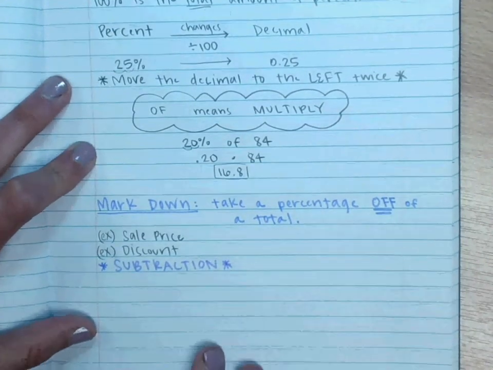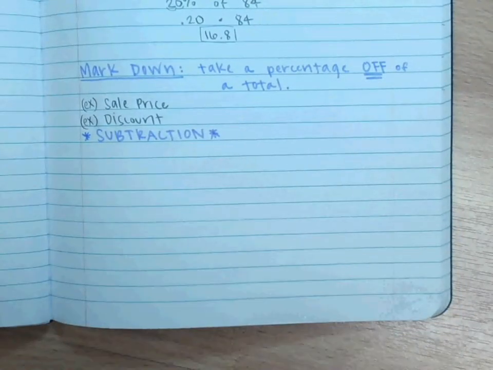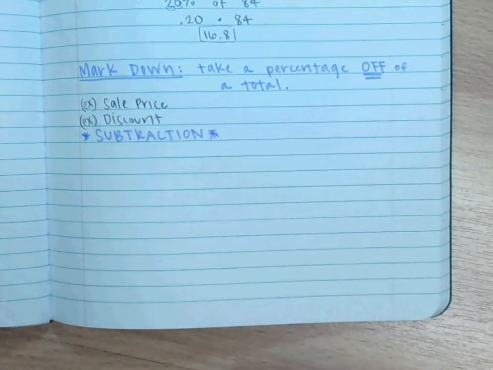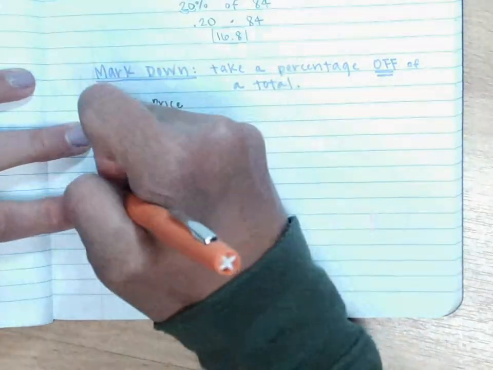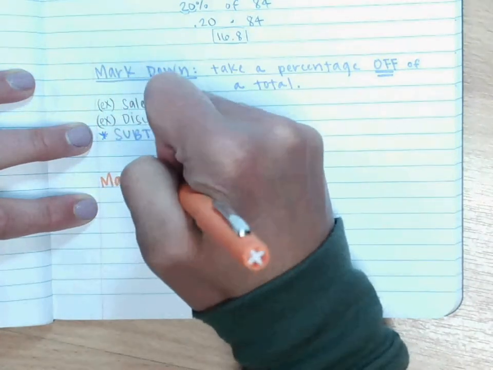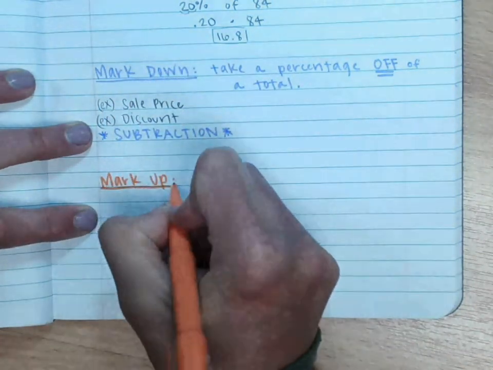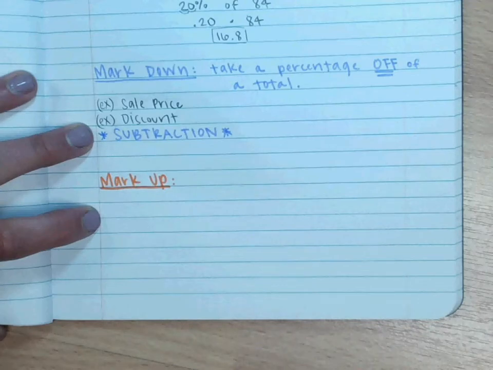It's going to be lower than it already was. Okay, and then we have what is called a markup. If you can imagine, a markdown is taking a percentage off of a total. A markup is when a percentage is being added to a total.